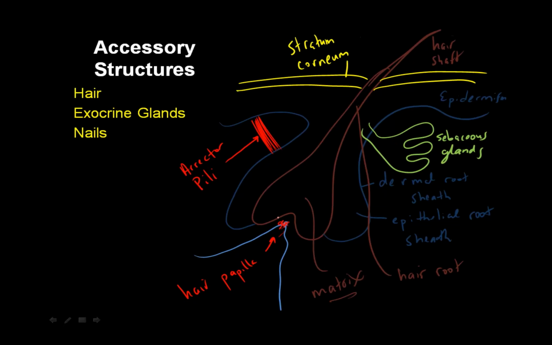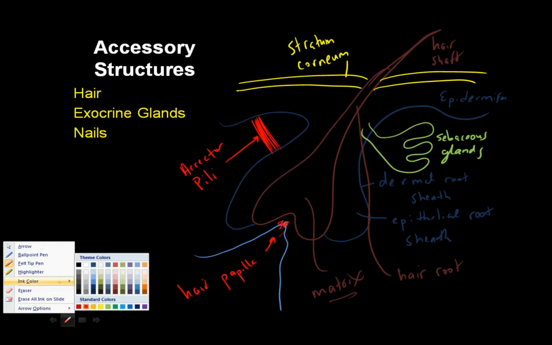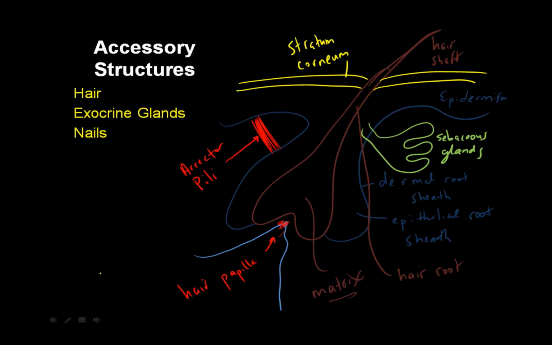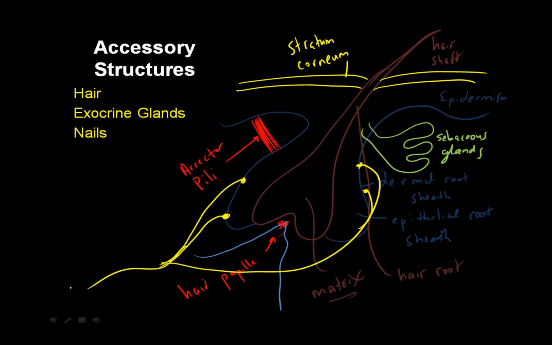The other thing that's not going to be very well shown on this particular drawing, because I'm drawing a cross section or a longitudinal section and I'm cutting into it, but if you could see it in 3 dimensions, and I'll try to show you one in a second, there are many sensory neurons that attach to this, and all of this that I just drew in yellow is called the hair root nerve plexus.